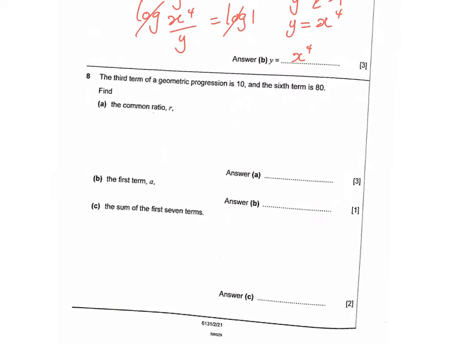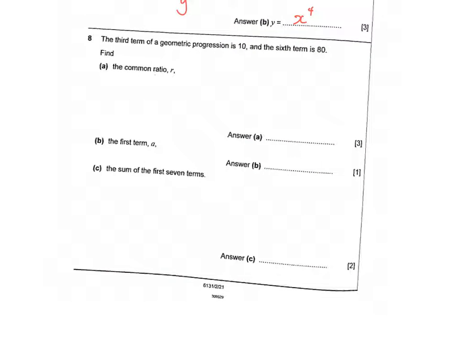Okay, then we go to question 8. The third term of a GP, geometric progression, is 10 and the sixth term is 80. Find the common ratio. So here first you write the formula. The nth term of a GP is given by Tn equals a r to the power n minus 1.